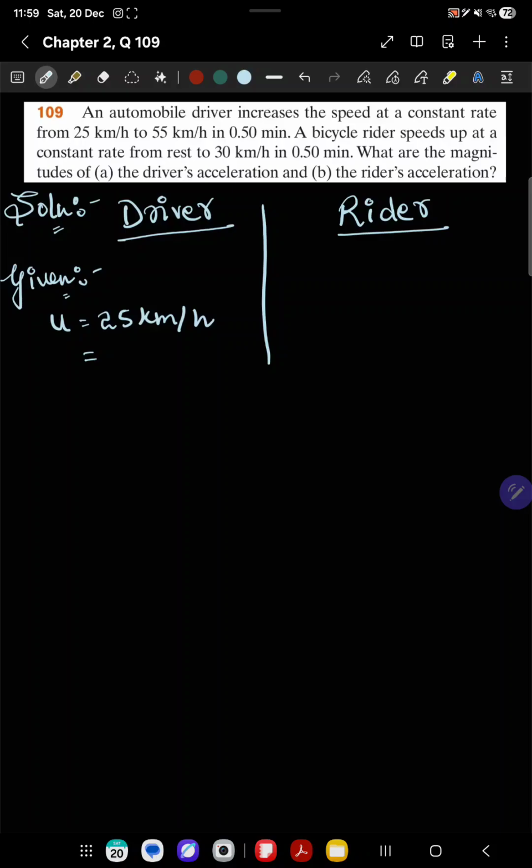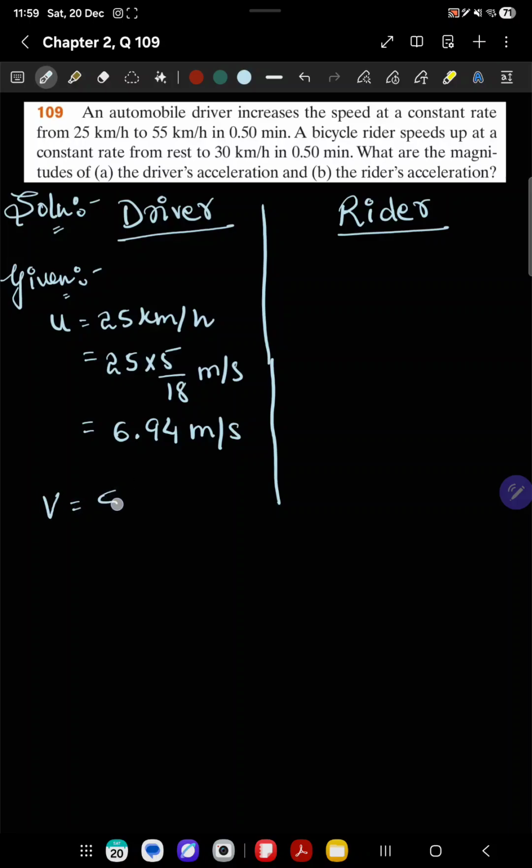If we want to convert it into meter per second, we have to multiply it with 5 by 18, which will give us the value of 6.94 meter per second. The final velocity, similarly 55 km per hour.